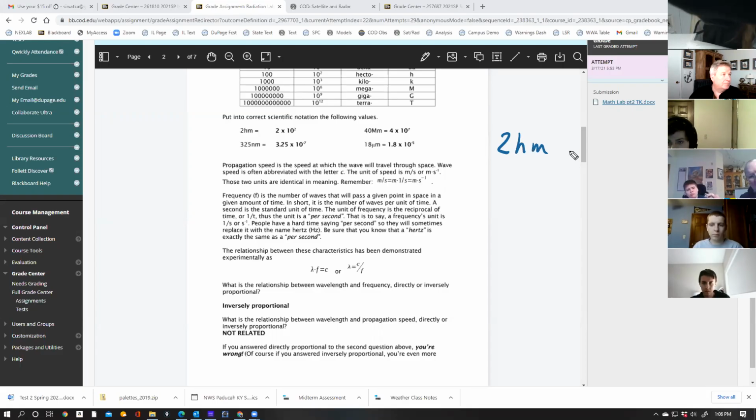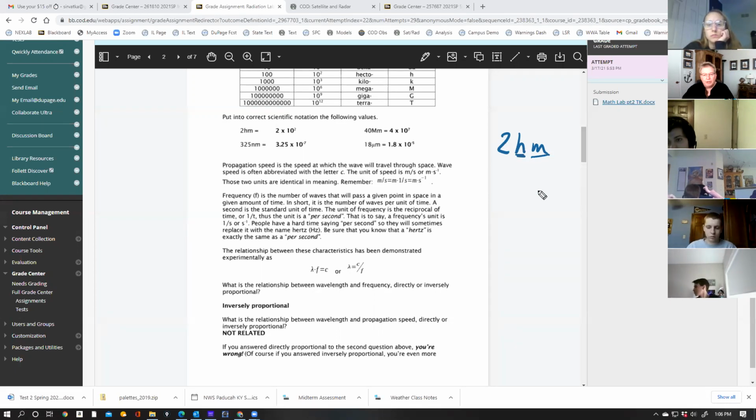Okay. So 2 hectometers, right? And what that means is the unit, which we said is a meter. So meter is the unit. Hecto is a prefix. And according to this, hecto means 10 squared. So what you do is you substitute this.